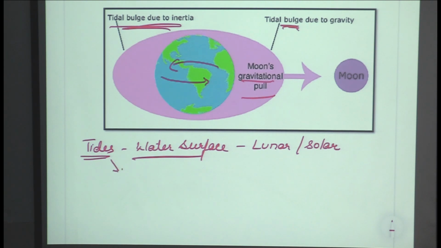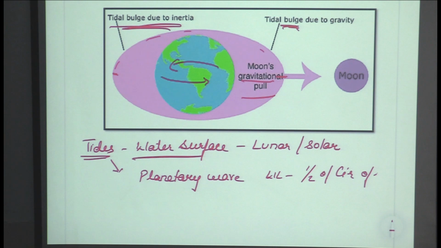That is the reason when we talk about tide, we say tide is a planetary wave, which will have wavelength. So take this two-dimensional figure and apply, which will have wavelength running half the circumference of the Earth and wave height not more than 2 meters.